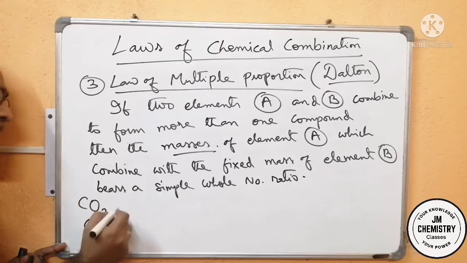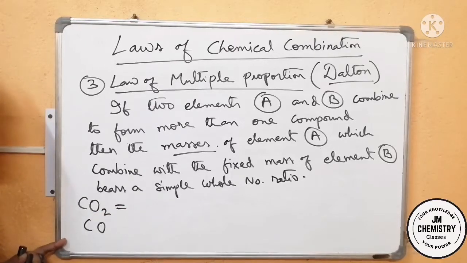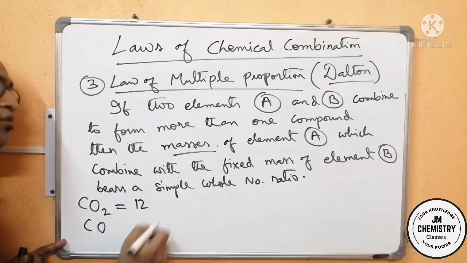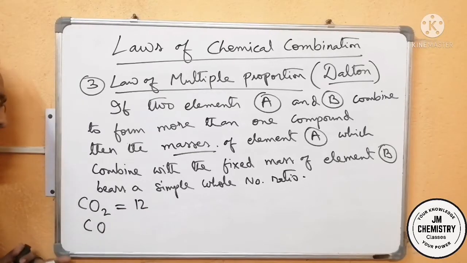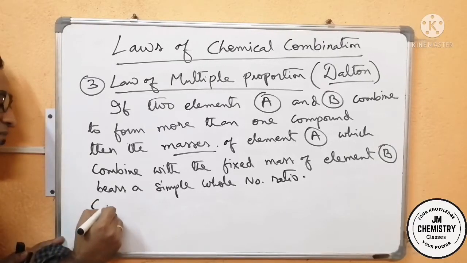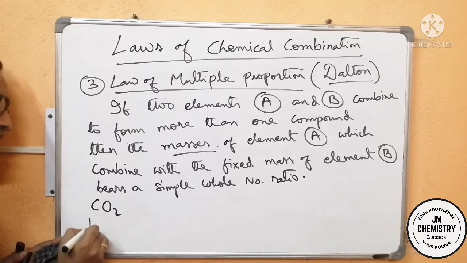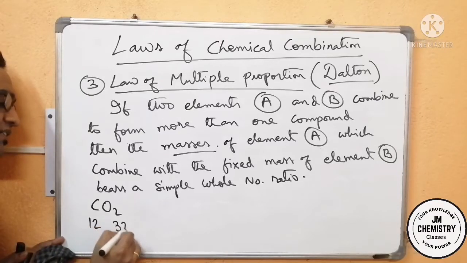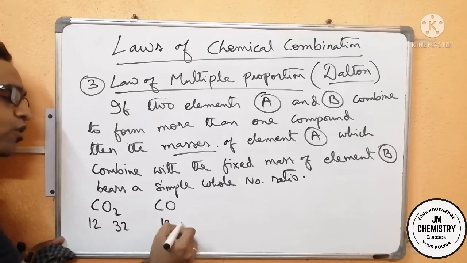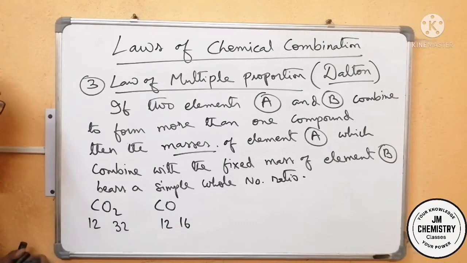Okay. Now in carbon dioxide, as you can see, the amount of carbon is 12 and the amount of oxygen is 32. So we can write like this. In carbon dioxide, the carbon is 12, oxygen is 32. In carbon monoxide, carbon is 12, oxygen is 16.